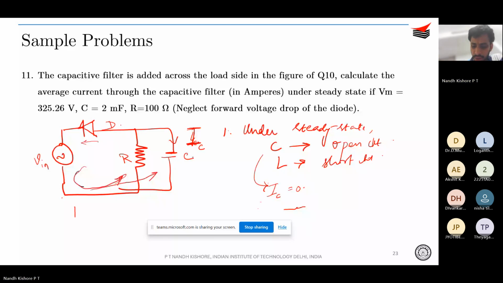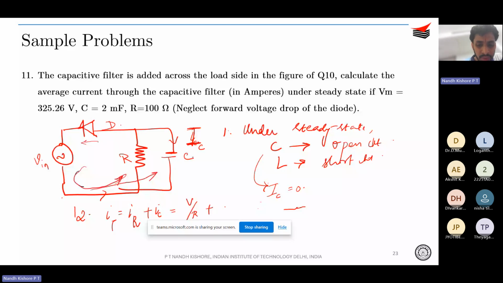Or by KCL, you know that the total current over here, let's say it is IT, is going to split between the resistive branch and the capacitive branch. So what will be the resistive current? It will be V by R. And what will be the capacitor current?